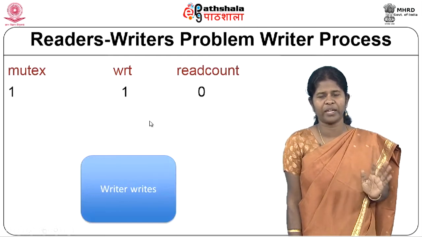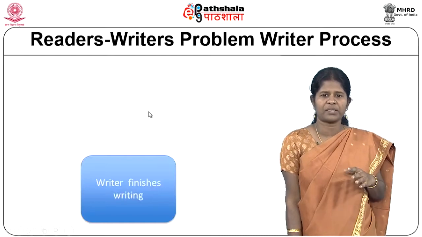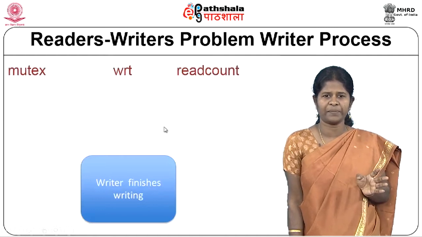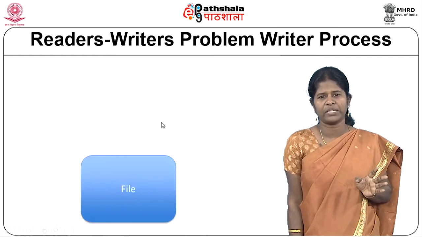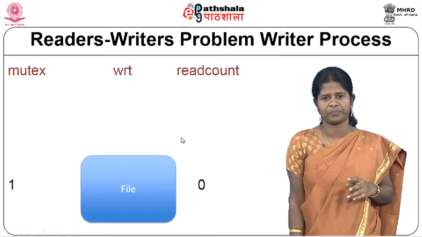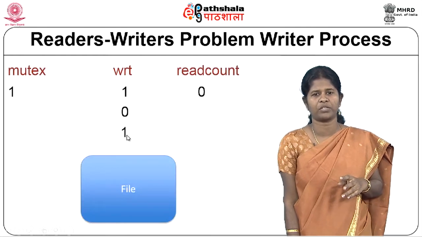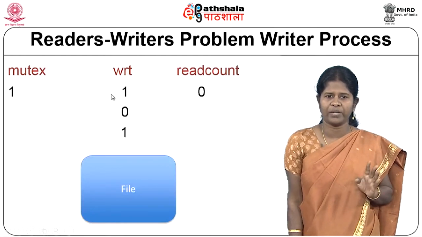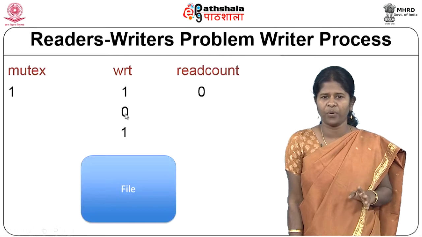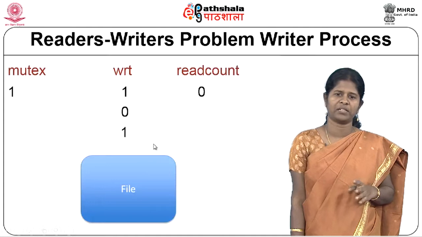This is how the writer's algorithm works. Initially WRT was 1, then it waits on WRT, making it 0, accesses the file, and finally it becomes 1 after signaling WRT.